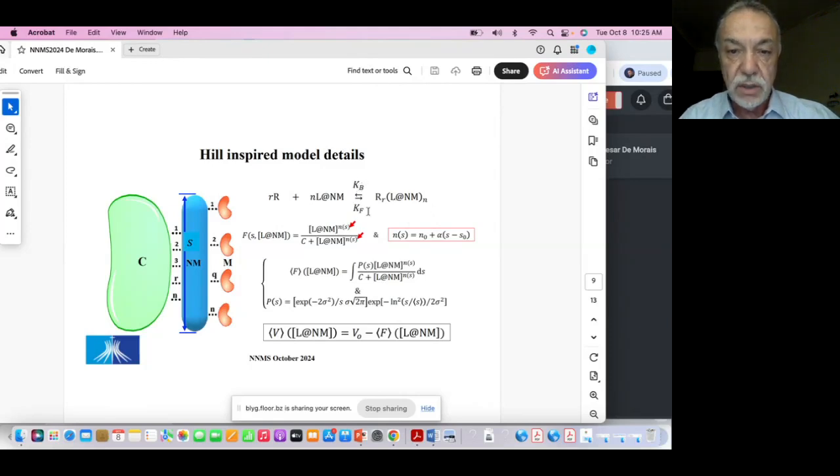The nanomaterial is the ligand, and then this is the complex. And again, you have the backward constant and the forward constant. You can calculate the backward constant the same way as before, and then you can calculate the fraction of the binding structures. And you come out with the same expression, except now we have the Hill coefficient. And now the Hill coefficient is not constant anymore.